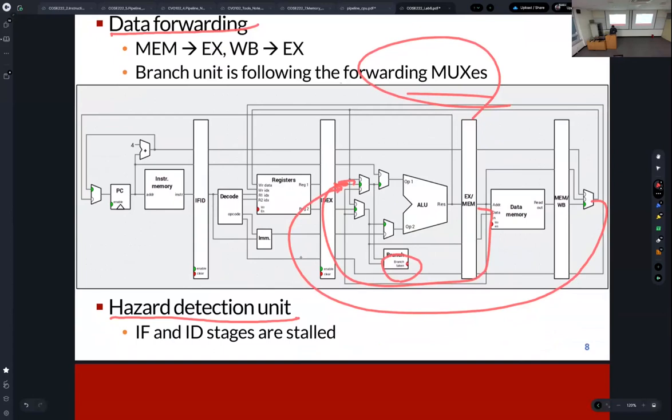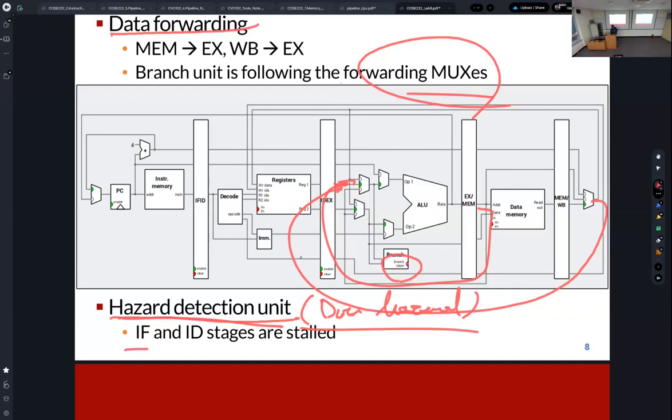And then also you need to implement the hazard detection unit. Okay, so the hazard detection unit. So it's a data hazard. When the data hazard is detected, which means that when the load instruction is in the EX stage, and the following instruction, the next instruction, requires the data from the load instruction, that is the data hazard.